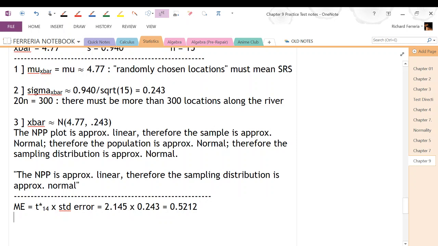That means you have mu should be equal to 4.77 plus or minus 0.521.